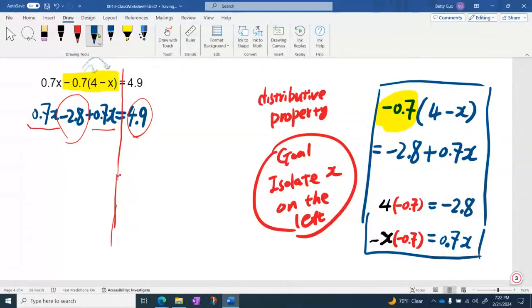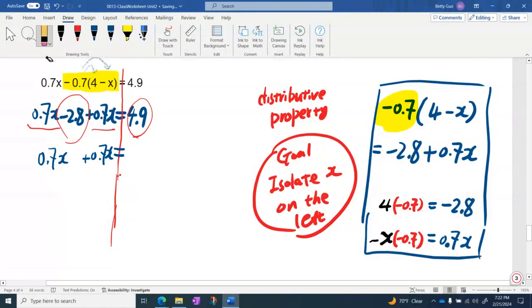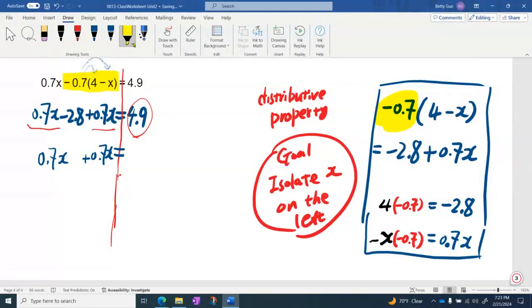So to collect the like terms in this case, all we need to do is to move the blue term over to the right side. On the right side, we have 4.9. We move the blue term over, negative becomes positive, positive 2.8.